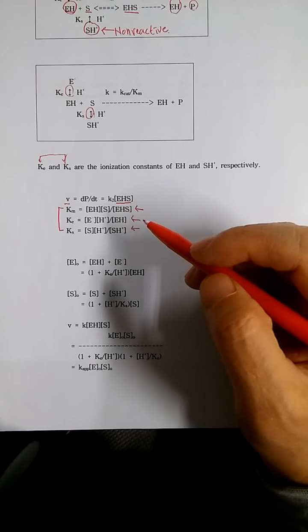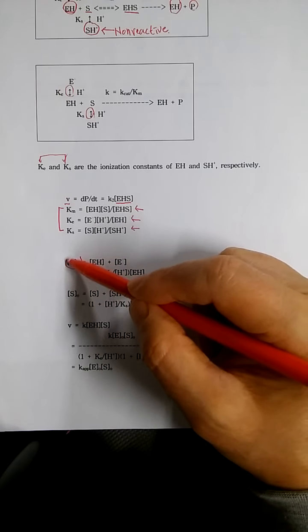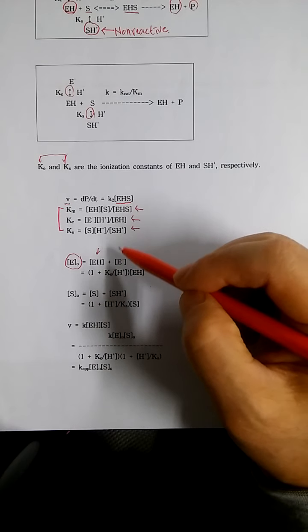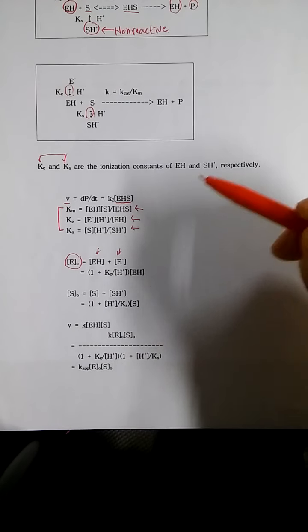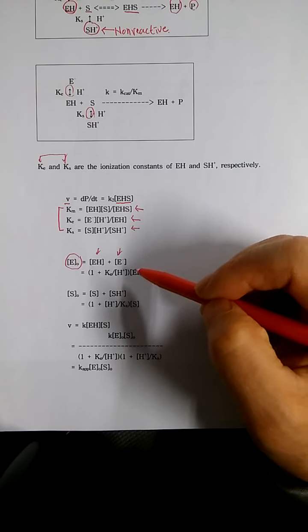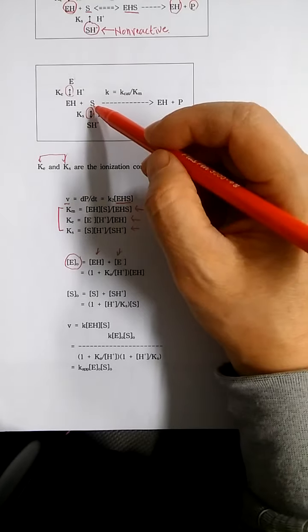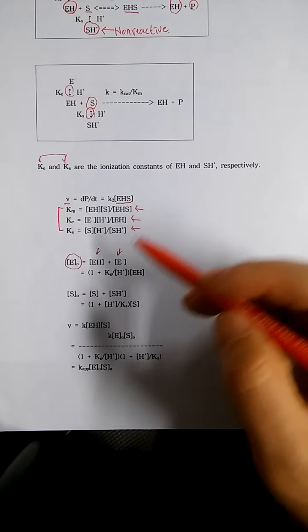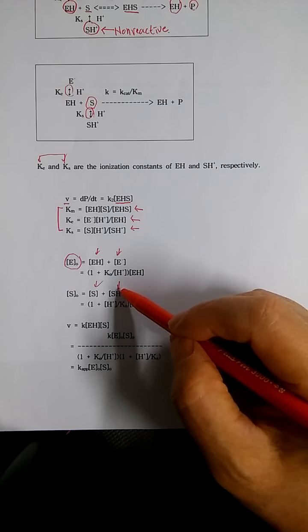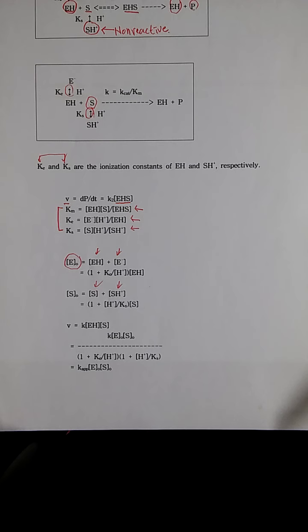And total enzyme concentration is the sum of EH and E negative. Okay. And substrate concentration is the sum of the substrate concentration S and the concentration of protonated substrate SH plus.